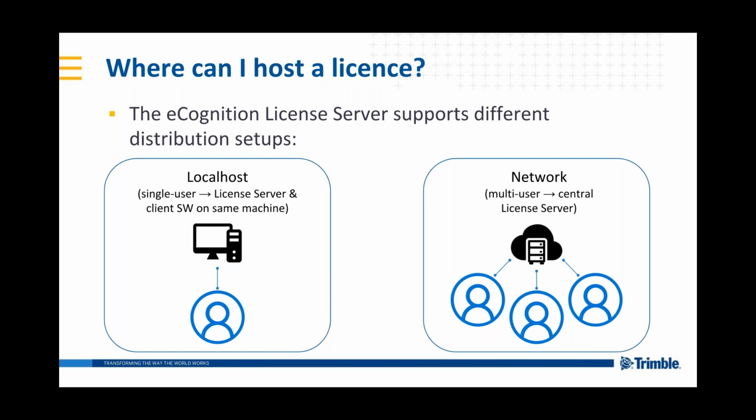Or if you're going to be distributing this license to multiple users, you can install the eCognition license server on a central license server system in a network, and then the end users simply have to install the client software and navigate to the host machine in order to draw their license.